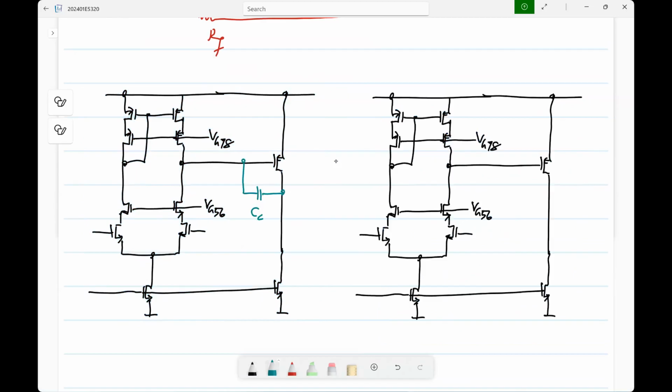So what next? Why did I walk through all this story? I said something about a current buffer, then drew two copies of the two-stage op-amp with the telescopic cascode first stage.